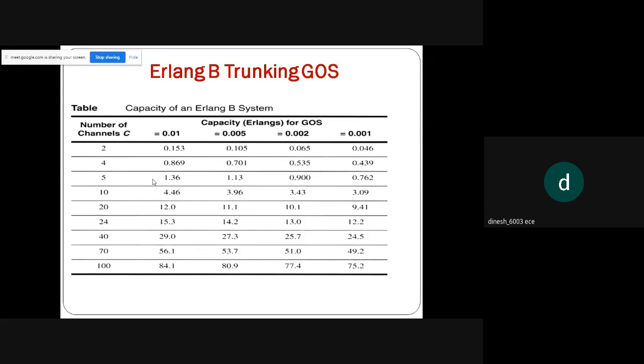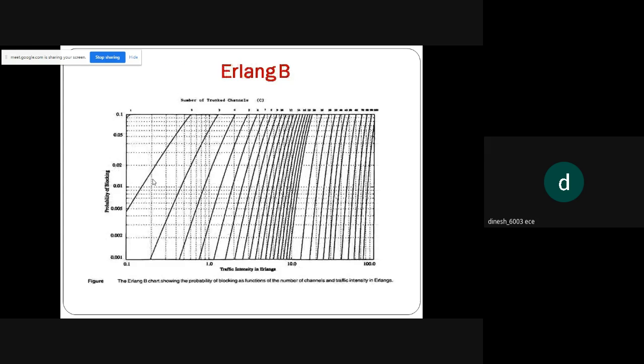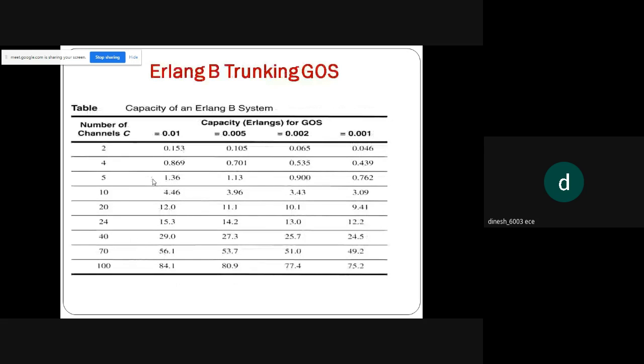If the number of channels is 2, the capacity in Erlangs for a grade of service of 0.01 is 0.153, for 0.005 it is 0.105, and it goes on. You can see the table, which is referred from this: Erlang B trunking and its grade of service.